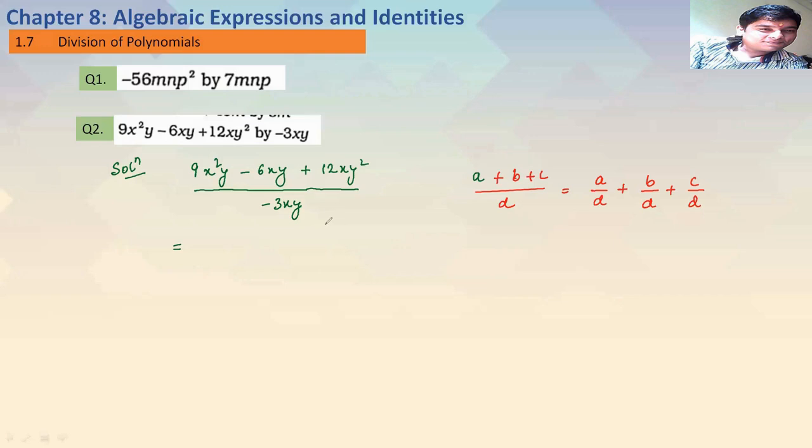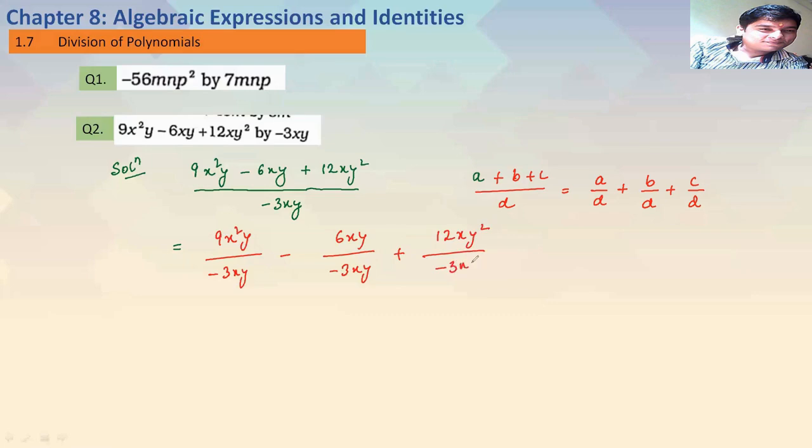Okay. So using this rule, 9x squared y divided by negative 3xy. There is a negative sign in between, so let it be. Minus 6xy by 3x, minus 3xy, plus 12xy squared by negative 3xy.